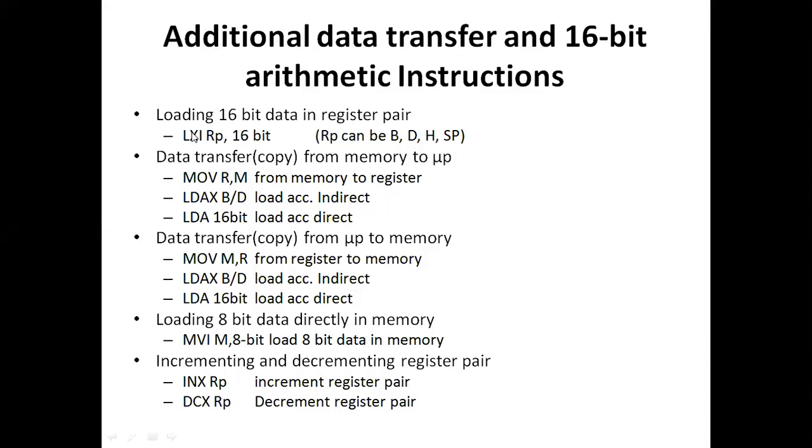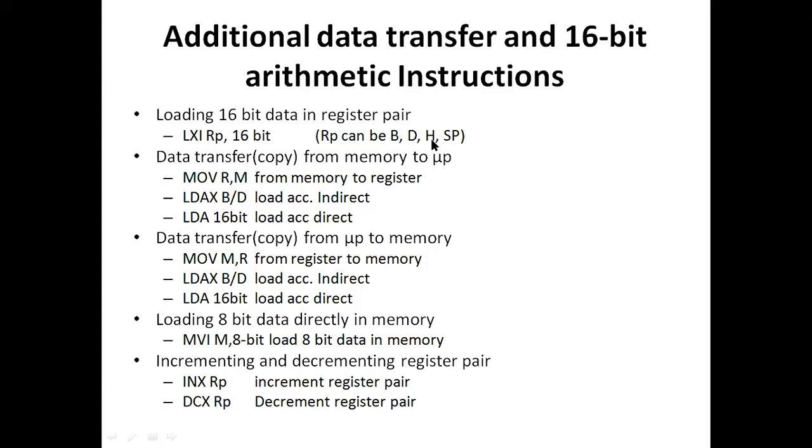The first instruction is LXI RP, 16-bit. The purpose of LXI RP, 16-bit is to load 16-bit data in the register pair. This RP stands for register pair, and this register pair can be the BC register, DE register, or HL register.